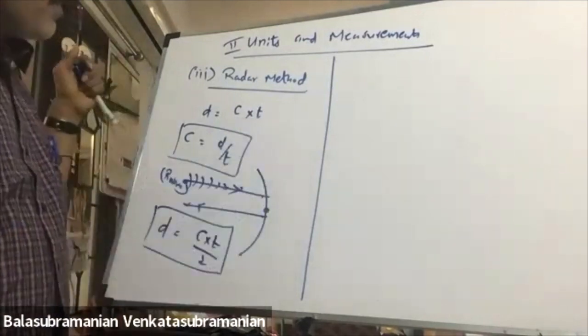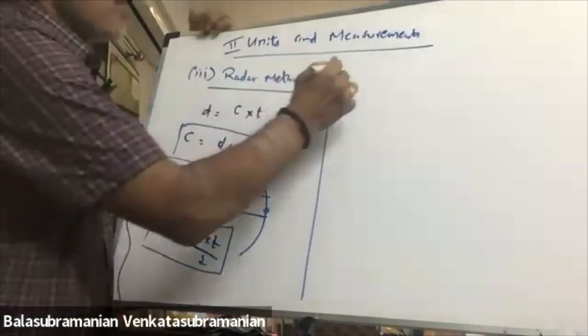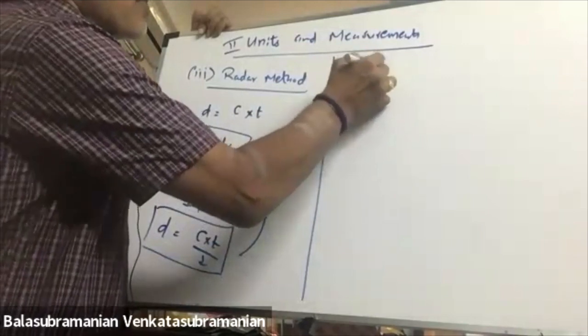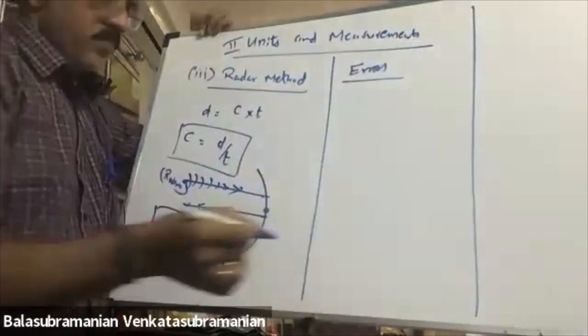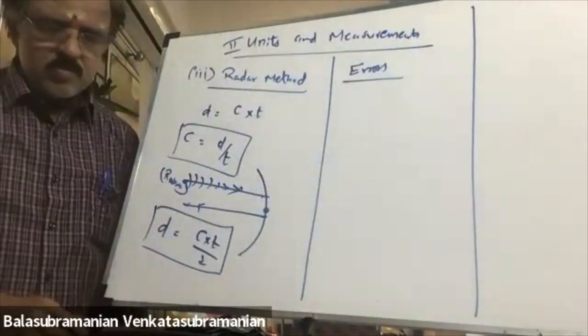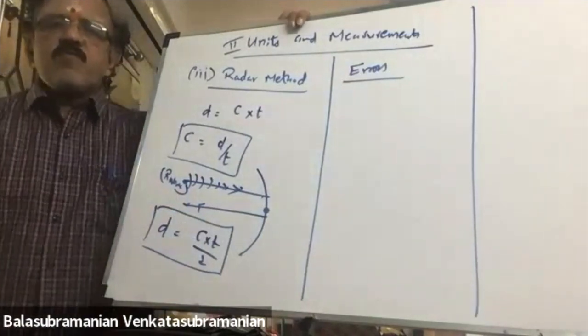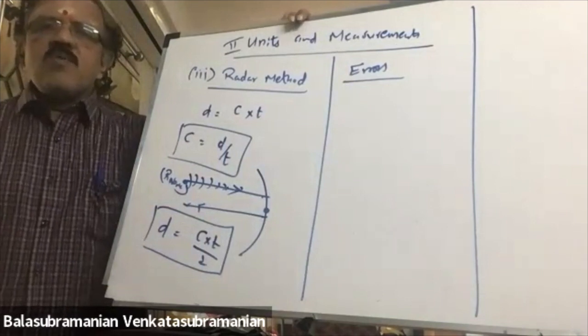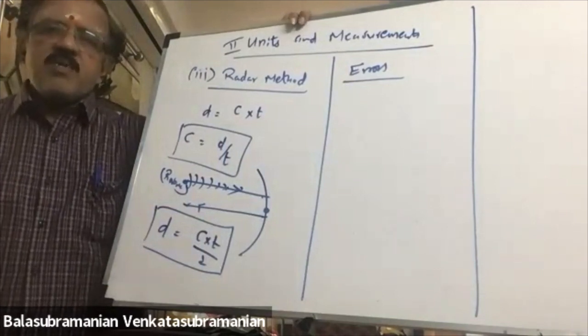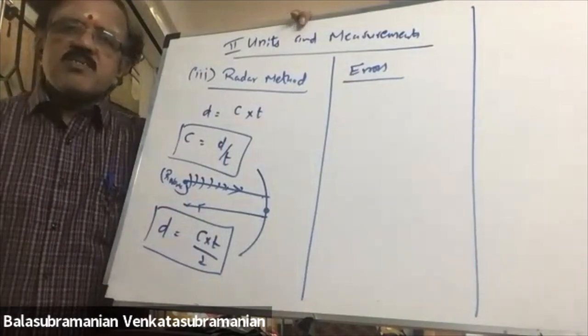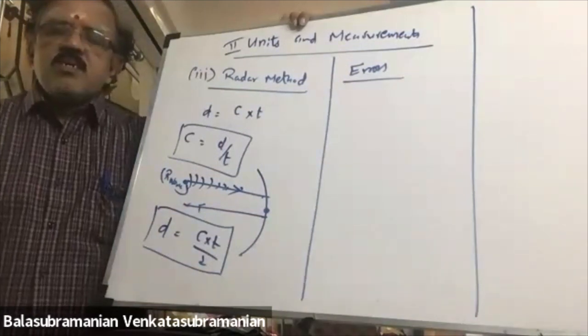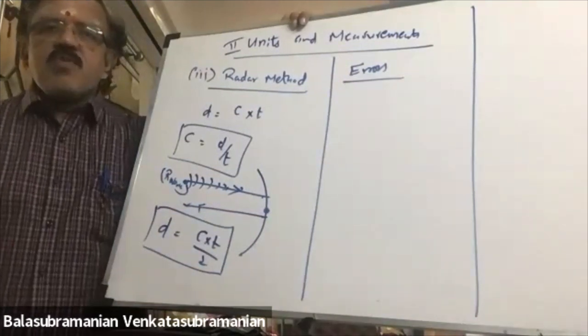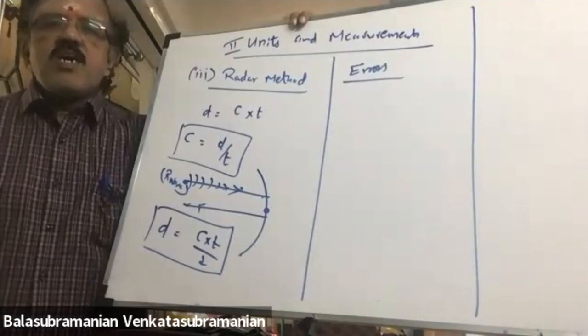Second part is types of errors. Errors in measurement. Of course, all measurements, whatever you are calculating, definitely possess some errors. Man-made errors we have, instrumental errors we have.